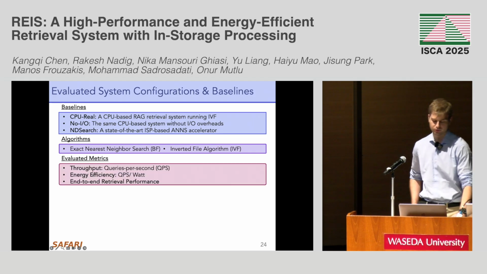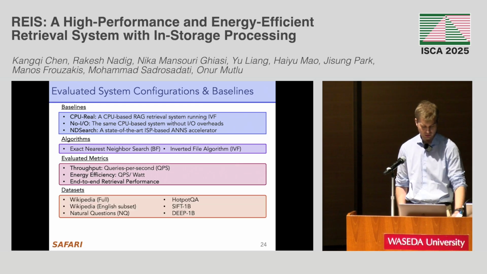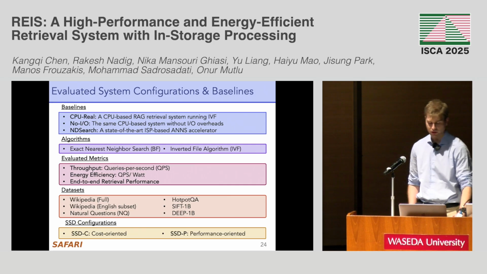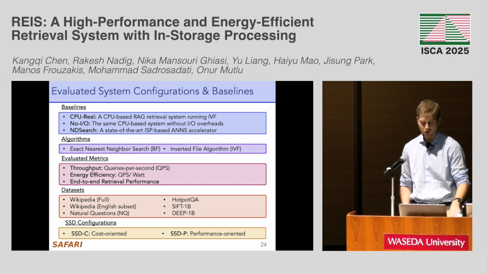We evaluate throughput measured in queries per second, energy efficiency in queries per second per watt, and end-to-end retrieval performance. REIS is evaluated on multiple diverse datasets and on two SSD configurations, SSD-C, which is a cost-oriented design, and SSD-P, which is a performance-oriented design with more channels and higher bandwidth per channel.